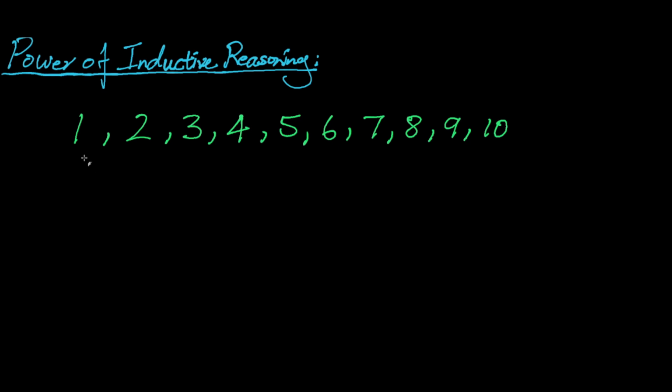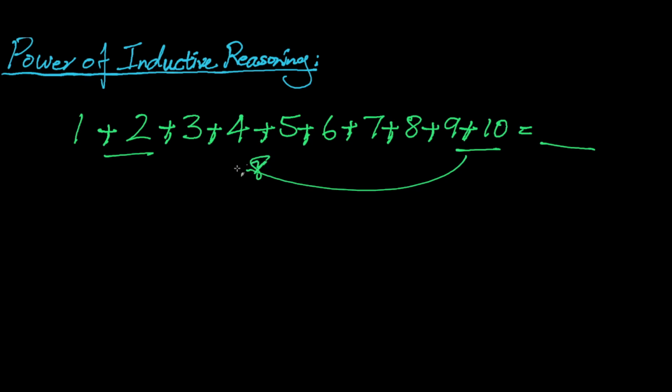We could, of course, just do it with a calculator. 1 plus 2 plus 3 plus 4 plus 5 plus 6 plus 7 plus 8 plus 9 plus 10, and then we'll get some answer right here at the end. But because we're doing addition right here, that means we can move these numbers around.